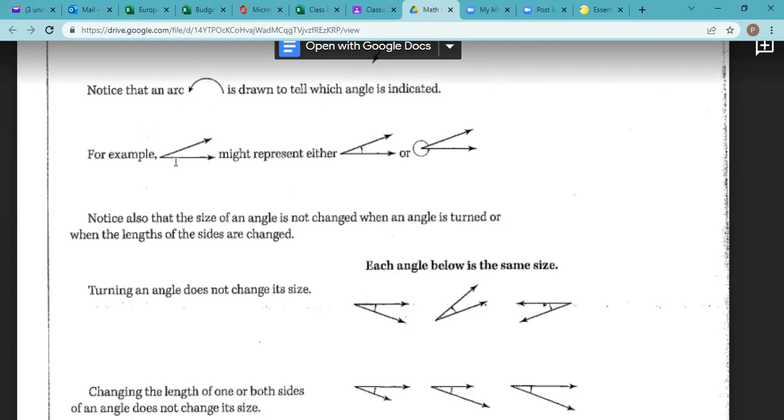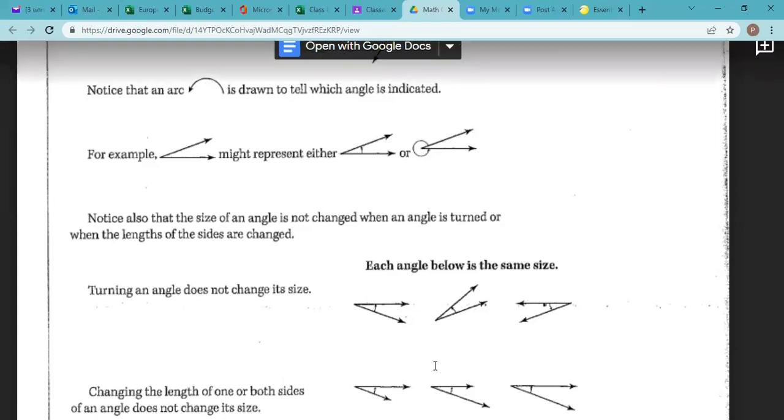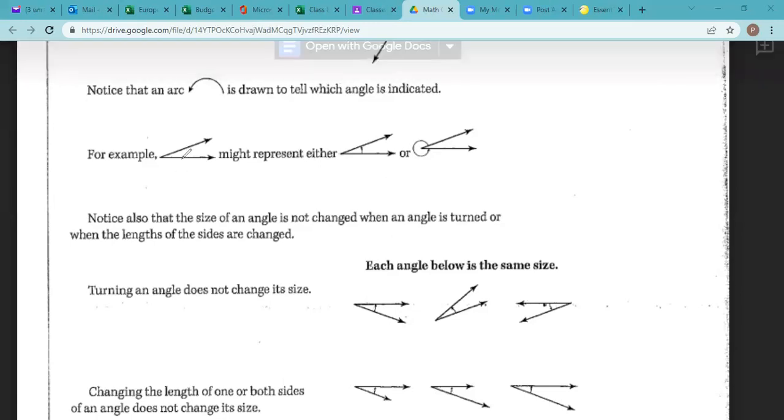So for example, this angle right here might represent, and remember, there's no arrow or curved line drawn yet in this figure, but it may represent this if we were to put the little tiny arrow in there. I'd say maybe 15 degrees.